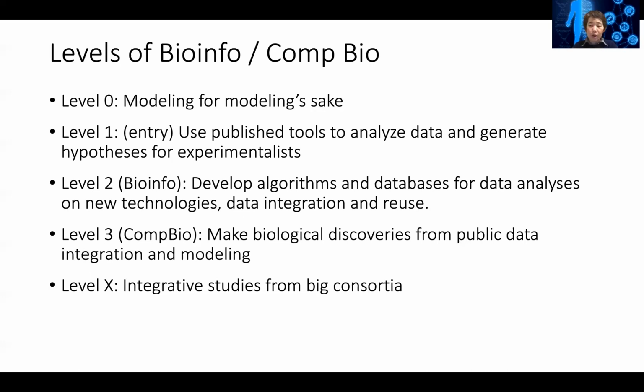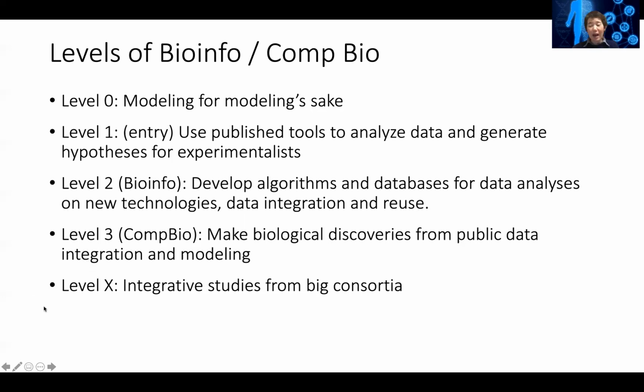And so if you are a computational biologist, you start with level 1 to help other people analyze their data. Maybe they already have hypotheses, and you have a supporting role. Then during your graduate school years, you learn how to develop algorithms, and towards the end of your PhD or beginning of your postdoc, you learn how to do level 3, which is you have the problem, you own the problem, using the public data to make discoveries by integrating public data using good integration and modeling approaches.